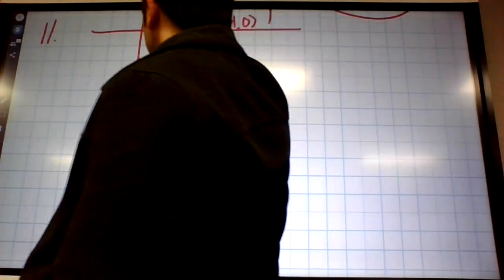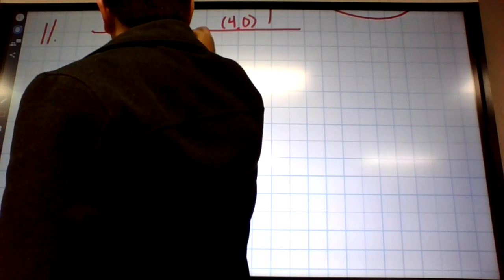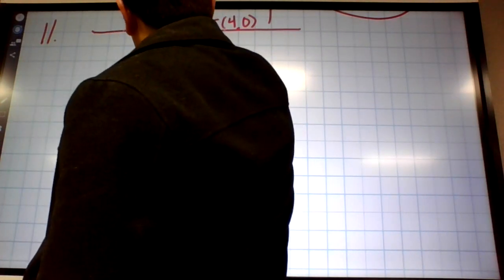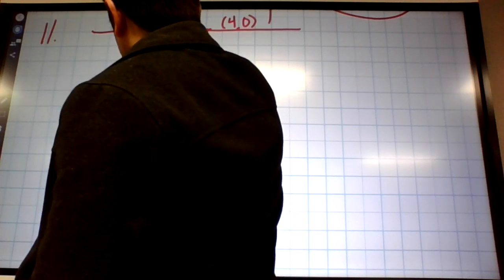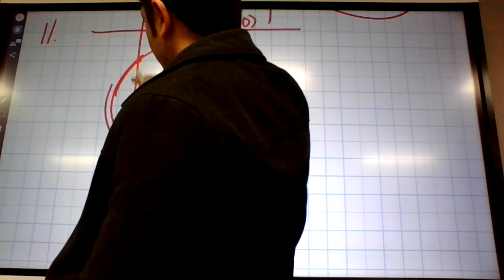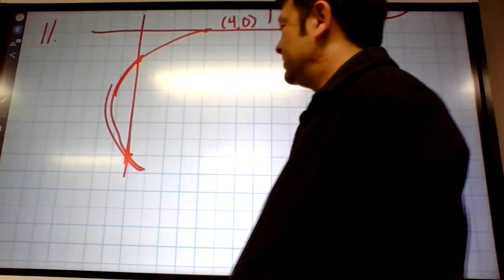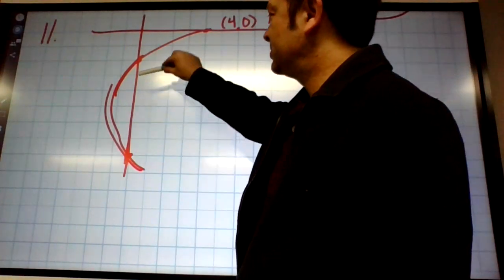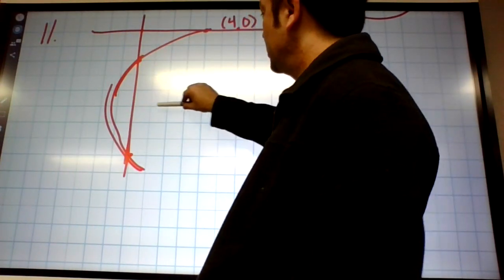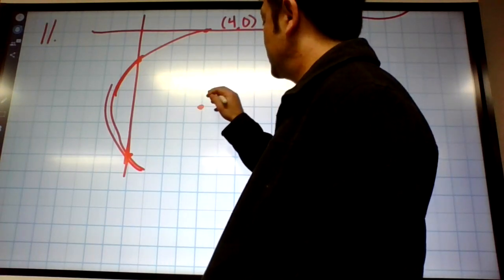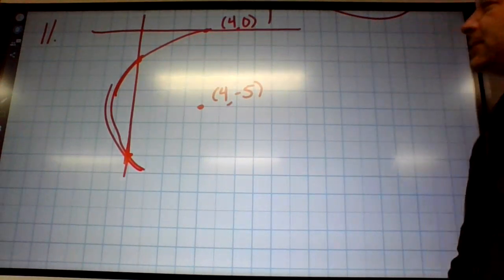Well, because circles are symmetrical, it's going to have to be halfway between these two. So what's halfway between -2 and -8? That'd be -5. So the center is at (4, -5).